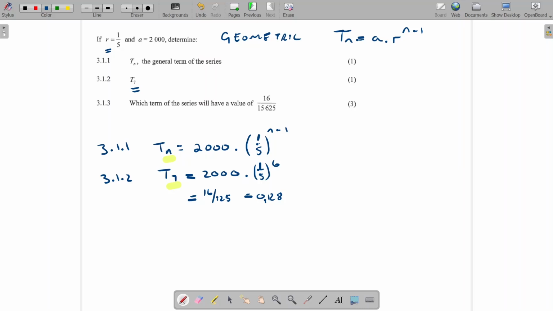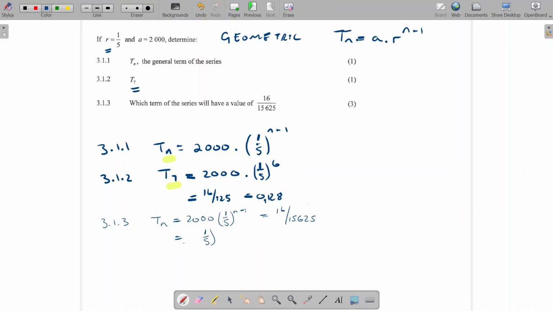So we now need to be able to, again, New York, London, they now give us a value and want us to find the n value. So the term Tn equals 2000 times (1/5) to the power of n minus 1 equals 16 over 15625.